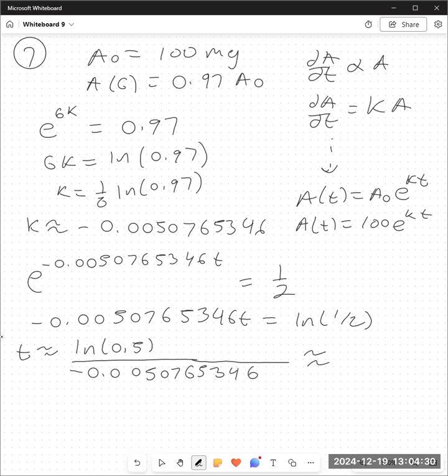I'm going to round this to the nearest tenth of an hour, which is 136.5 hours. So again, you see that the half-life of these things here is quite short, and that means these things don't stay in their unstable radioactive form for very long.